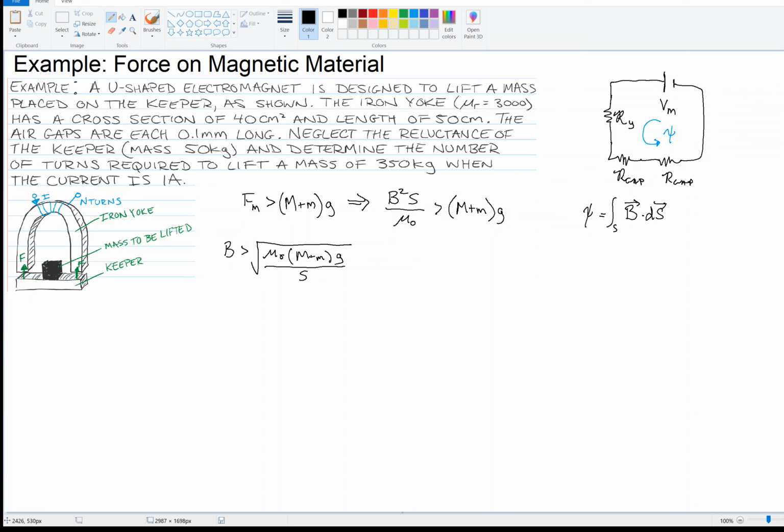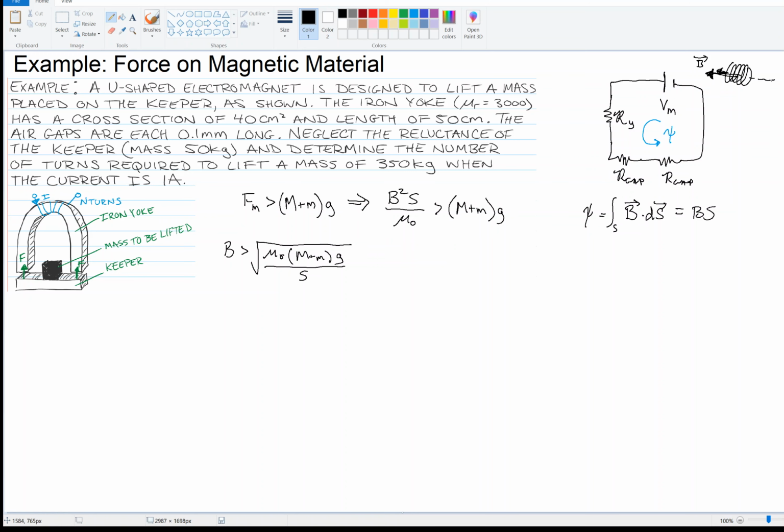And so we've got these coils, and they produce a flux that is parallel to its axis, the coil's axis, that is. So this is B. And the cross-sectional area, that vector is also in this direction. So they're parallel. B and dS are parallel. So the integral then is just B times S. And so that's the flux.